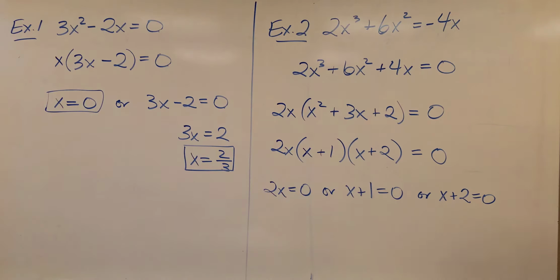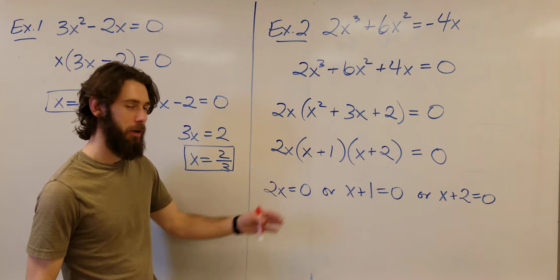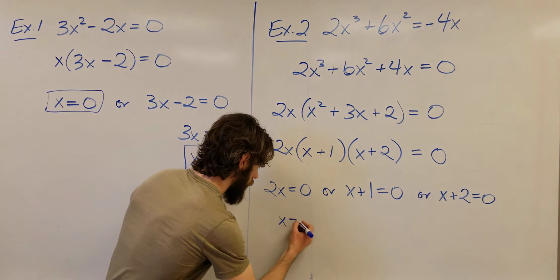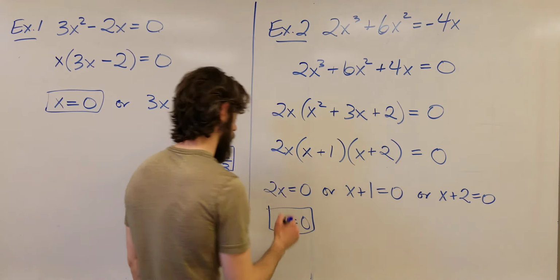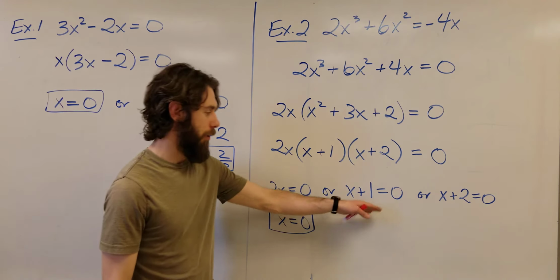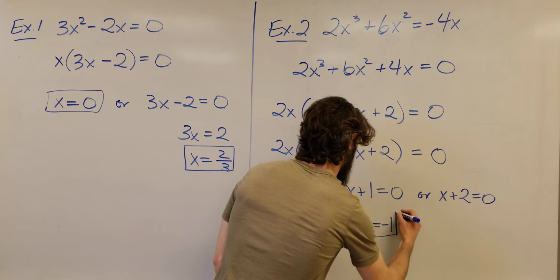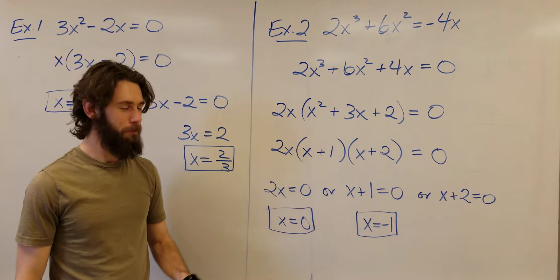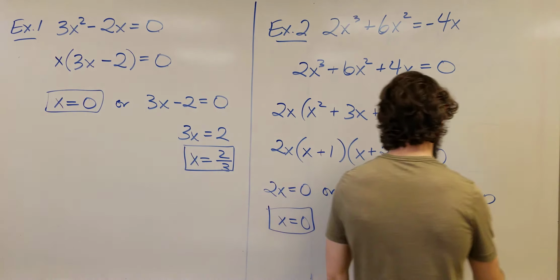Okay, so now over here, divide by 2 gives us x equals 0. All right, subtract that 1, x equals negative 1. And then subtracting the 2, we get x equals negative 2.